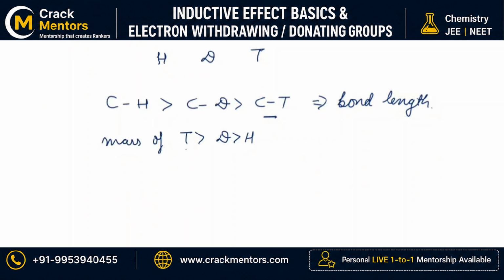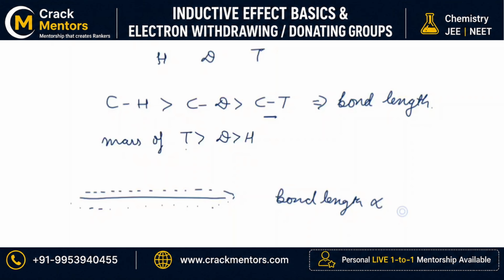Now you know that more bond length means less electron density. Electrons will have to spread out just like this. Therefore bond length is inversely proportional to what? Electron density. Therefore I can write the order of electron density as C-T, C-D, C-H.